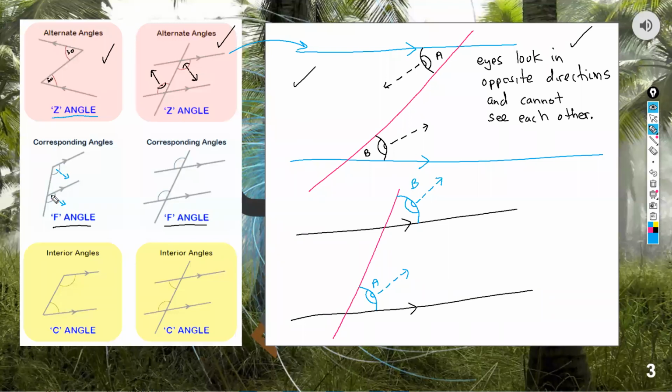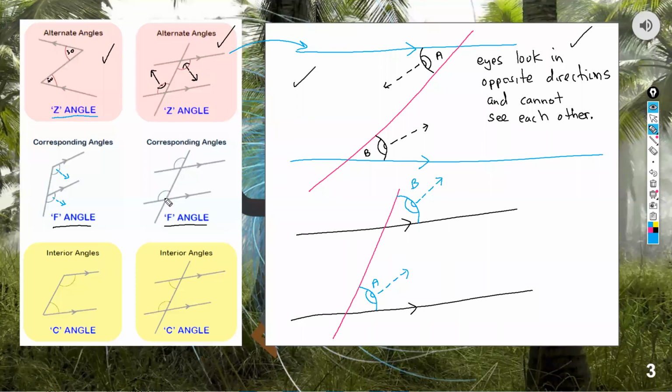Both eyes are looking in the same direction, and one eye cannot see the other eye because there's a wall in between them. Okay? So this is an example of corresponding angles. If here's 82 degrees, over here is 82 without any calculation. Once you spot the pattern, you can reason out that those two angles are equal.